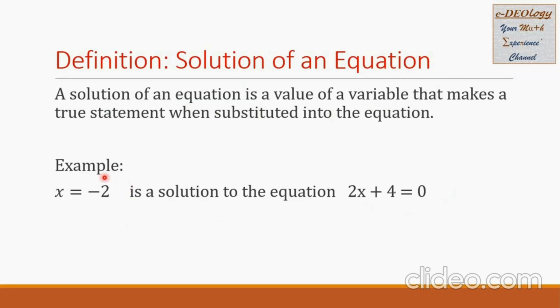So this value -2, when we substitute in here, it becomes 2 times -2 and then plus 4. 2 times -2 will be -4 plus 4, and this is equal to 0. And this is now a true statement. It means this -2 is a solution to the equation.